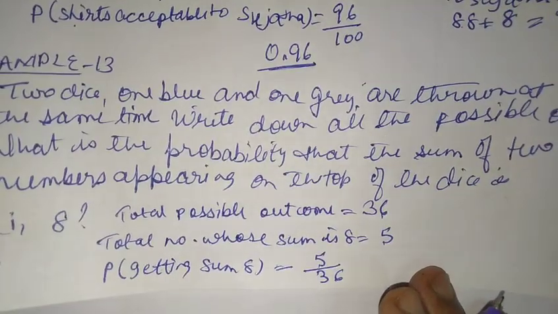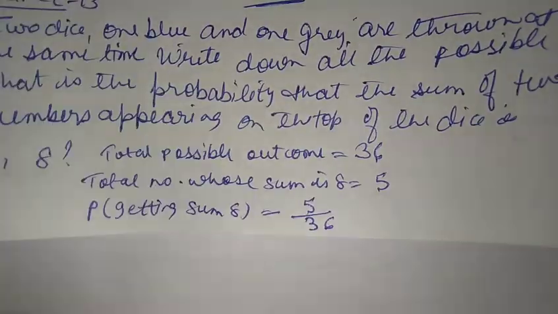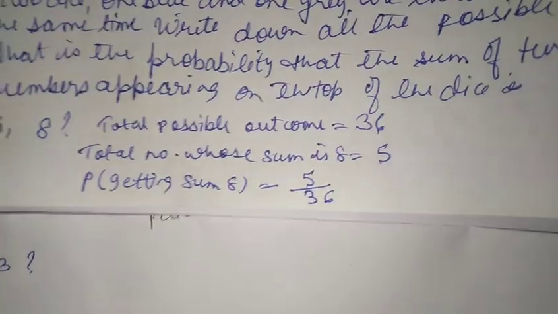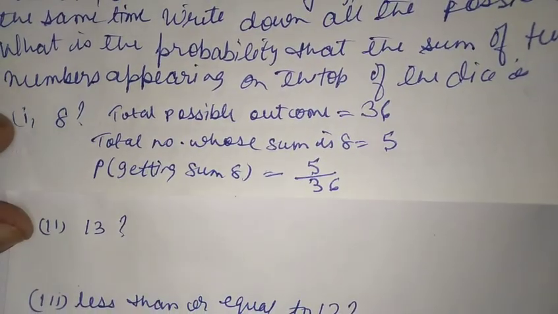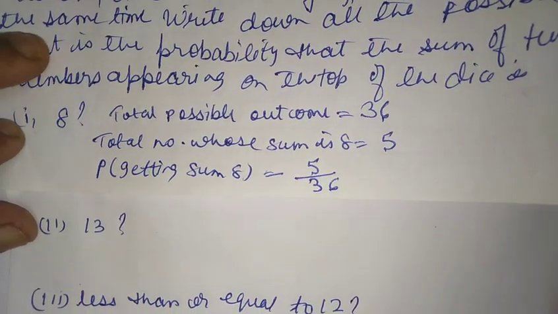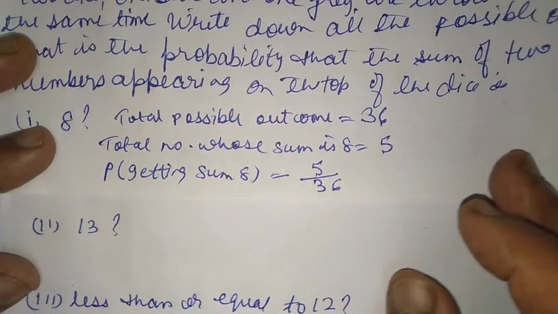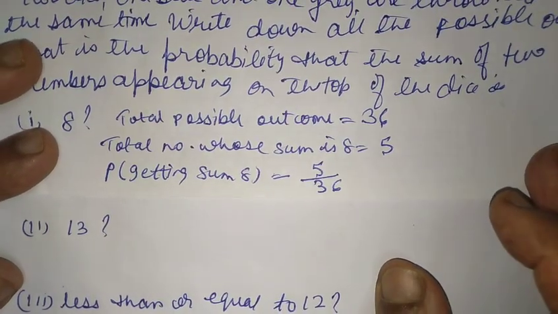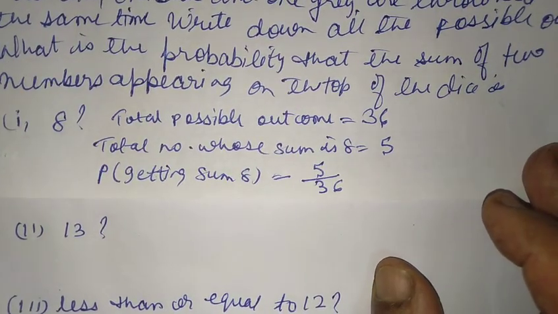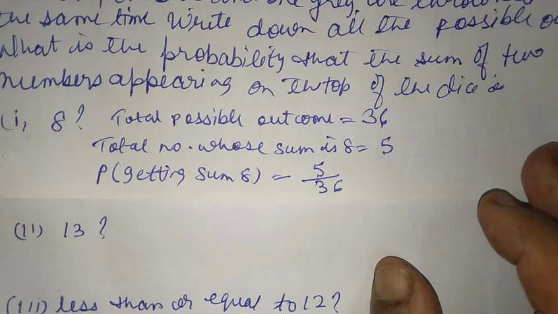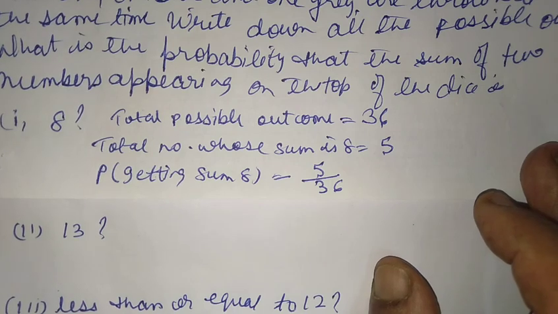Now let us go to its second part, the probability that the sum will be 13. The sum of two dice will be 13. So we know that the greatest number on a die is 6. So the greatest number on the other die will also be 6. So 6 plus 6 is 12. So we can never have the sum 13 here.